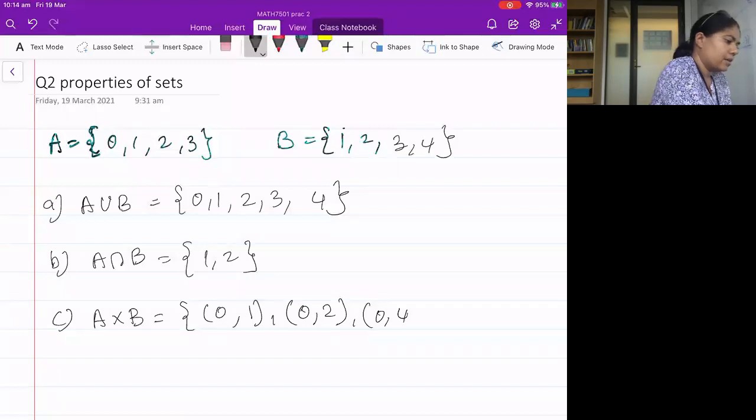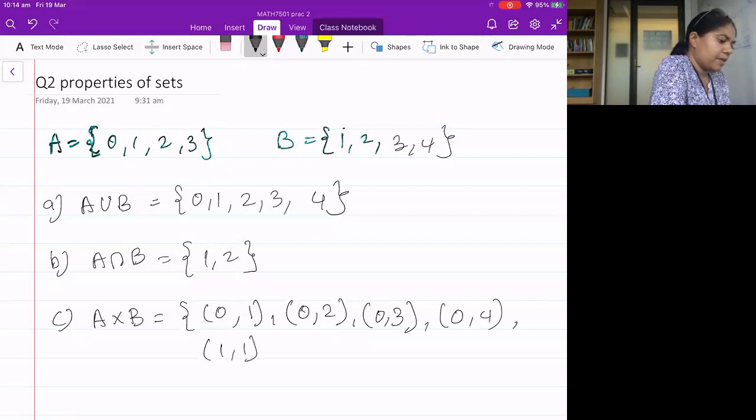So that should be 0, 3, 0, 4. The next one is 1, 1, 1, 2, 1, 3, 1, 4.